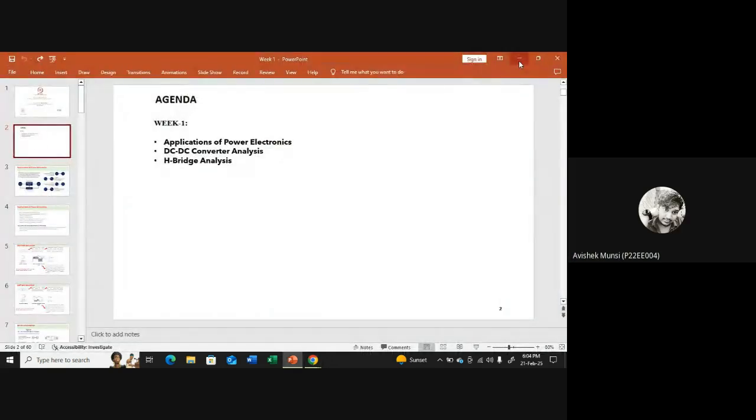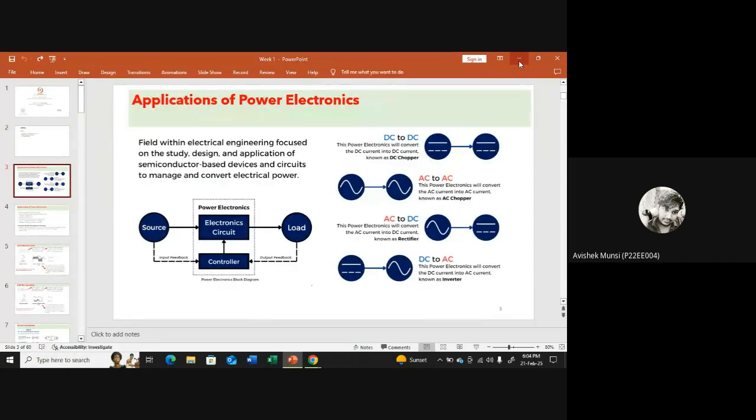Okay, fine. So we'll discuss the application of power electronics and what power electronics basically is. From the email, I shared a block diagram. Here you can see that power electronics is basically the part of electronics which deals with high power energy.